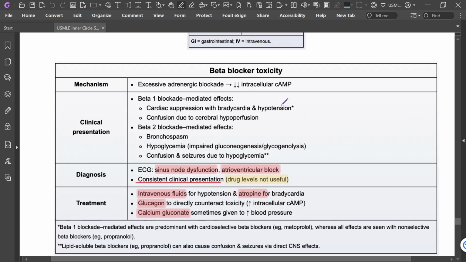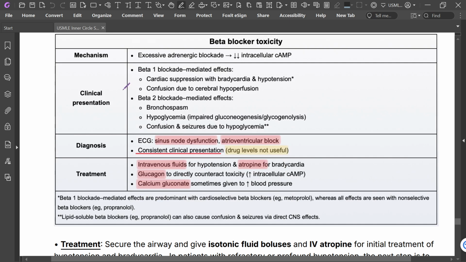Beta blocker toxicity: excessive adrenergic blockade decreases intracellular cyclic AMP. Beta blockade mediated effects include cardiac suppression with bradycardia and hypotension.